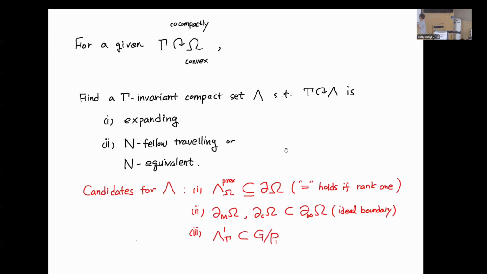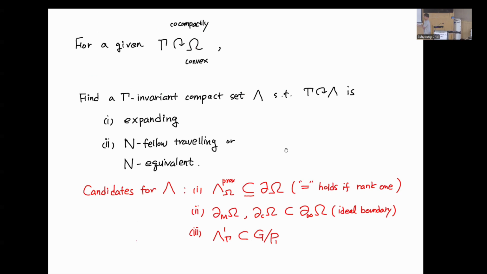But here, what is the problem? Given a convex co-compact action on a convex domain, find the gamma-invariant compact subset lambda which is expanding and M-Farrell traveling, or n equivalent.